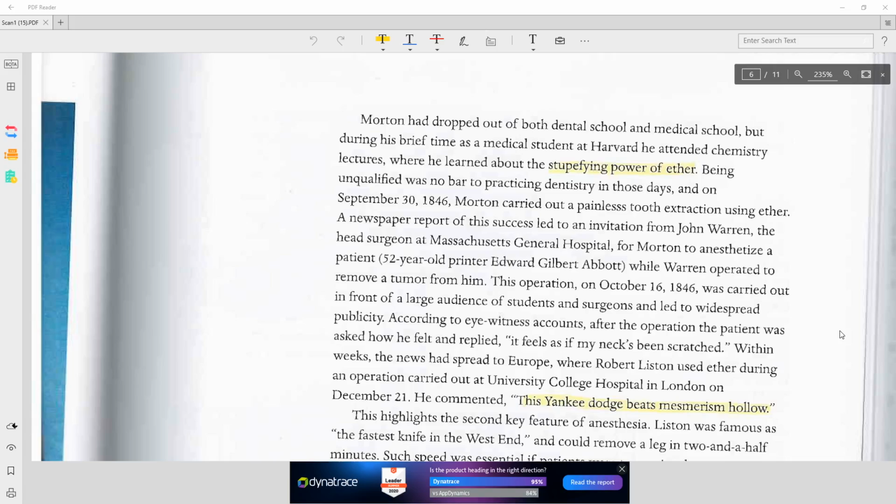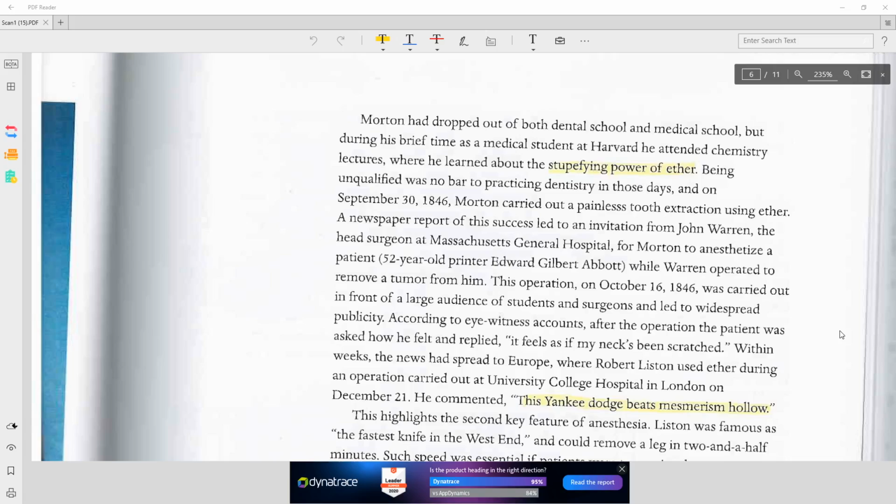This operation, on October 16, 1846, was carried out in front of a large audience of students and surgeons and led to widespread publicity. According to eyewitness accounts, after the operation, the patient was asked how he felt and replied, "It feels like as if my neck's been scratched."